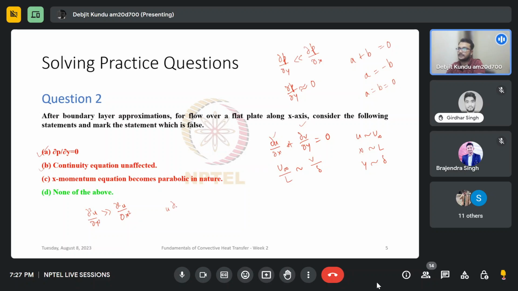Then we finally get u ∂u/∂x plus v ∂u/∂y is equal to nu into ∂²u/∂y². This equation becomes parabolic in nature. So option C is also correct. Since these three statements are correct, none of them are false. So the correct answer to this question, which is asking us to pick out a false statement, would actually be option D, none of the above.